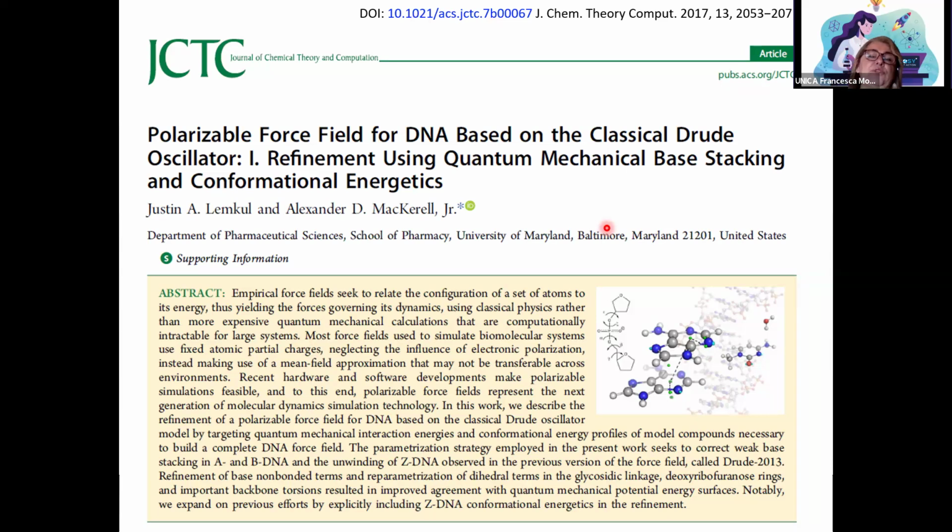And this force field can reproduce much better the interaction, for example, with small ions and nucleic acid. However, very costly.